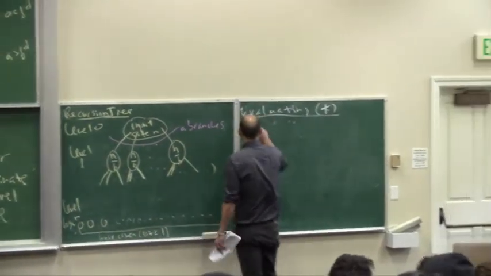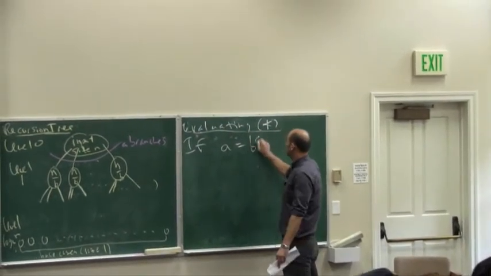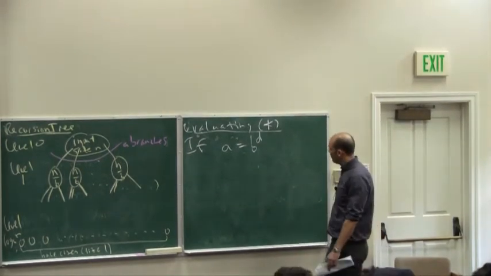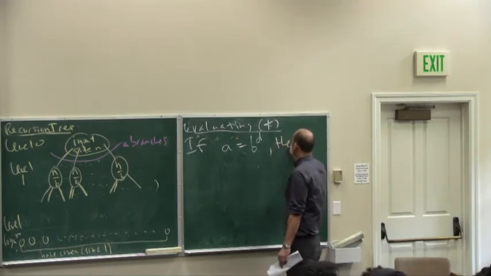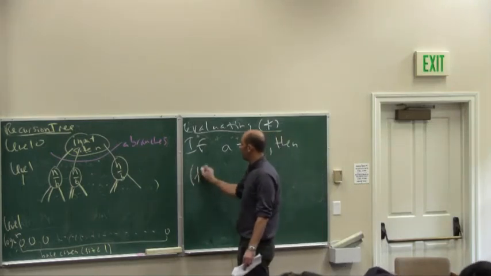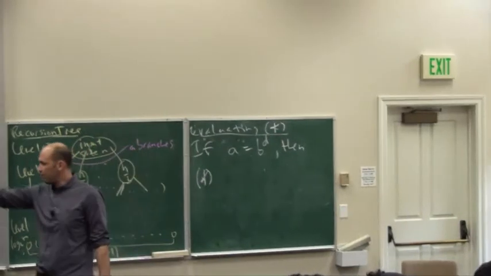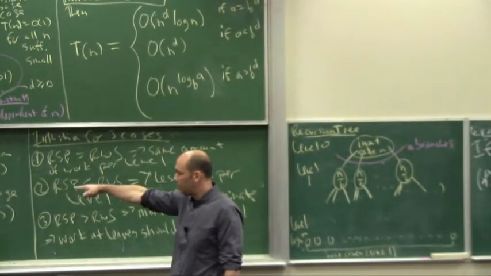So case 1 is easy. In case 1, if in fact the rate at which problems go up is exactly the same as the rate at which our savings in work goes down, then star is super easy to evaluate. In this case, A over B to the D is 1. We raise it to the J, it's still 1.